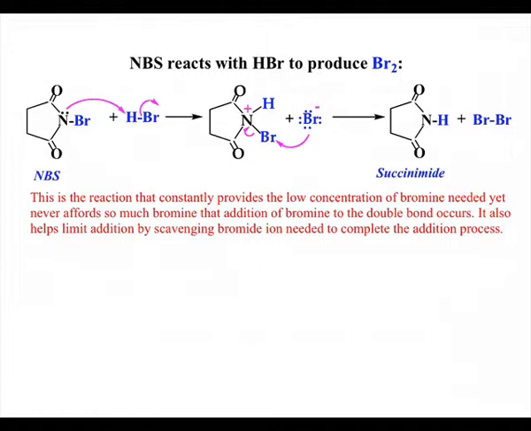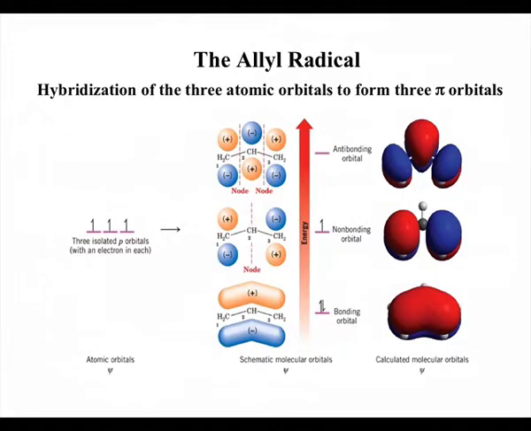NBS will be soluble, but the succinimide itself, for whatever reason, is insoluble in things like carbon tetrachloride, and it just falls out of solution as a nice crystalline product, and you know that the reaction is working really well, okay? So we can generate bromine from NBS and HBr. So it's using that byproduct from that first propagation step to actually generate the bromine that's needed, okay?